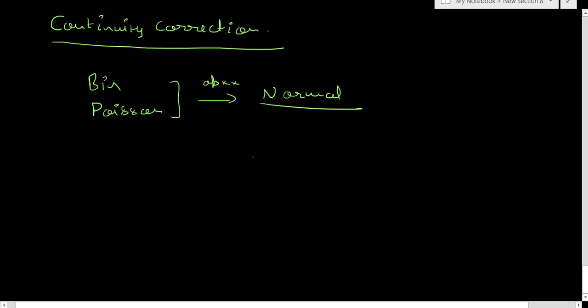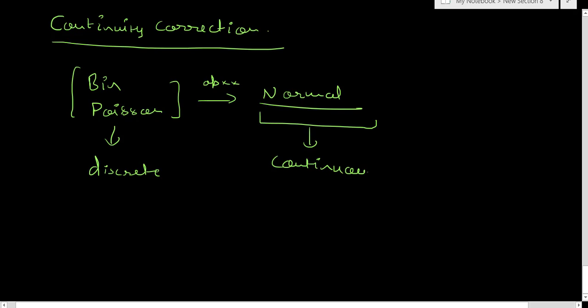That is what we are doing. There is a problem here. The problem is that the probabilities under a binomial or a Poisson distribution are discrete, and those under a normal distribution are continuous. Thus there is a need of correcting the continuity here.